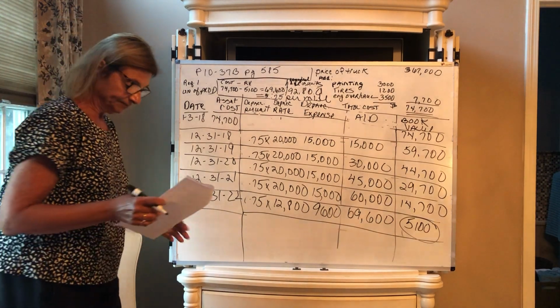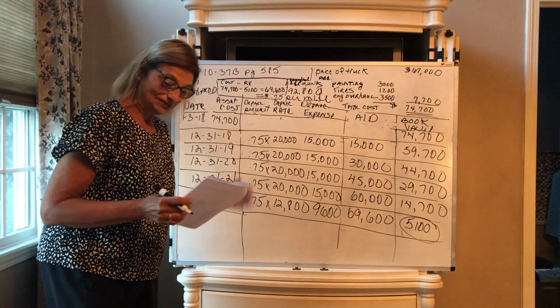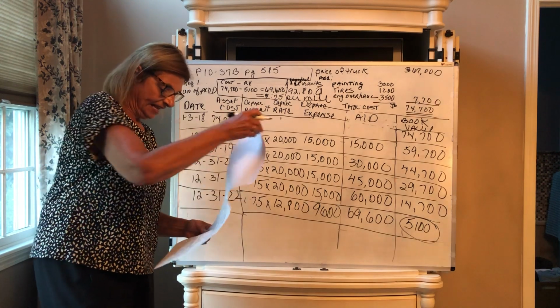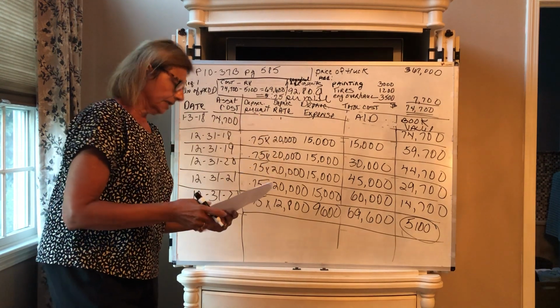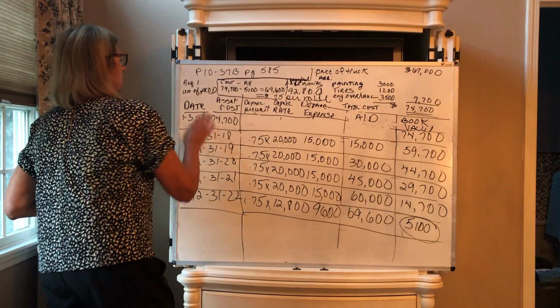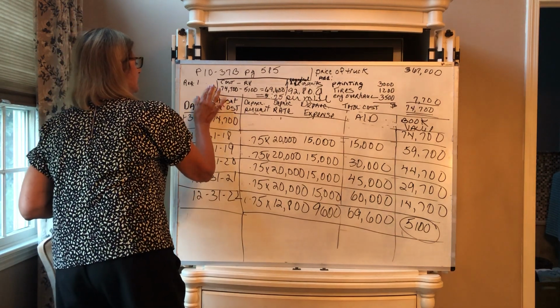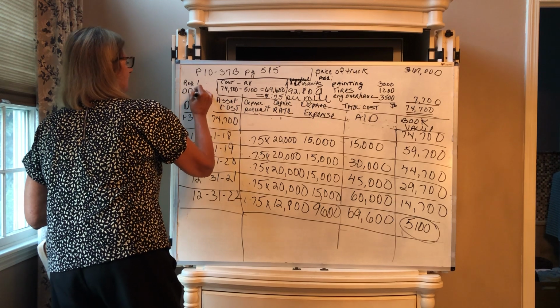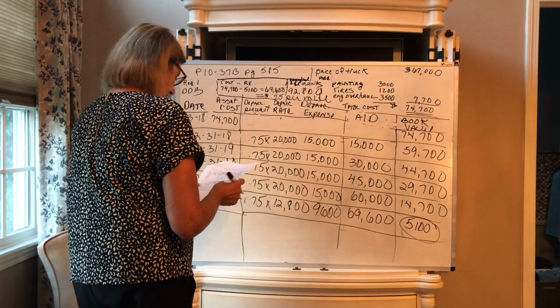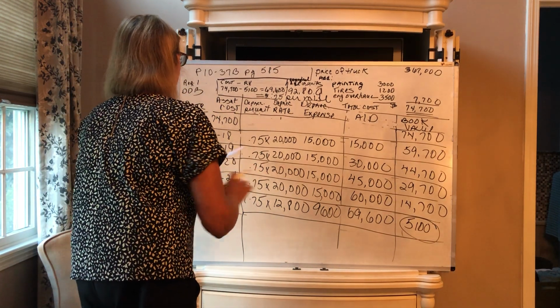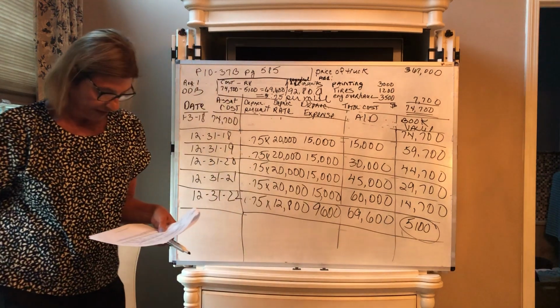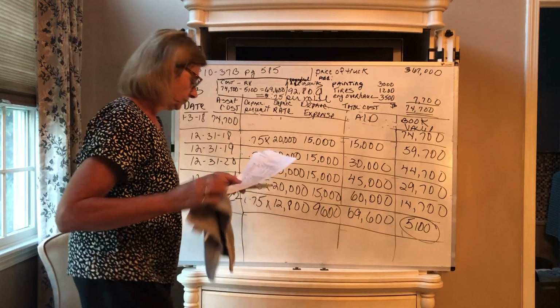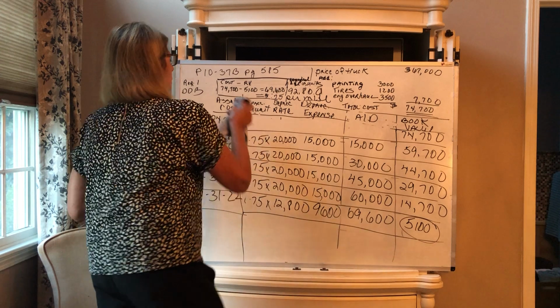Okay, there's one more, unfortunately, and that's double declining balance. So let's call this DDB. And the formula for that is going to be 2 times the straight line rate.